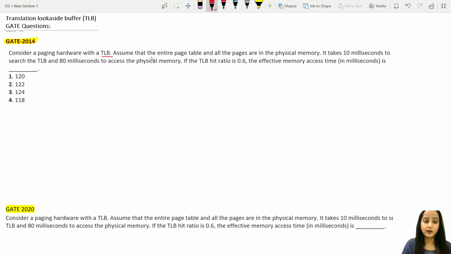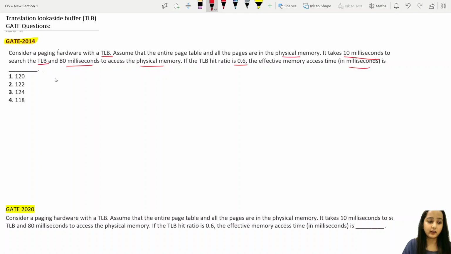Assume that the entire page table and all the pages are in the physical memory. It takes 10 milliseconds to search the TLB and 80 milliseconds to access the physical memory. If the TLB hit ratio is 0.6, the effective memory access time, EMAT, in milliseconds we have to calculate, and the 4 options are given.